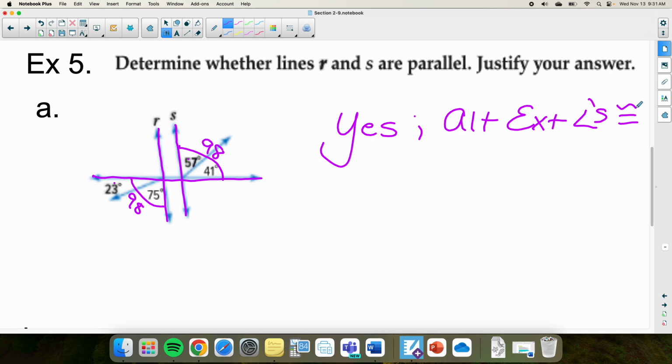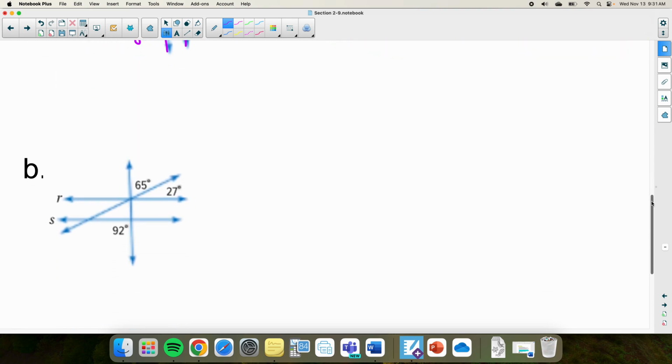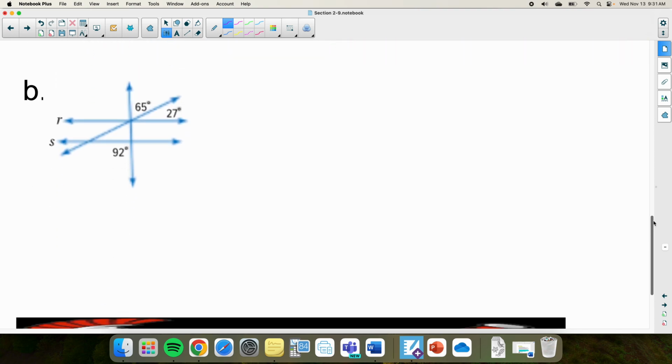Okay. Then if I go down to this one, we're looking at if R and S are parallel, and we're going to look at this transversal, okay? What is this angle? Don't we add those together?